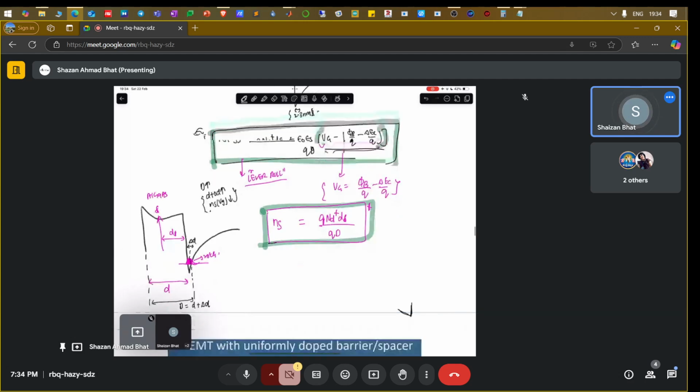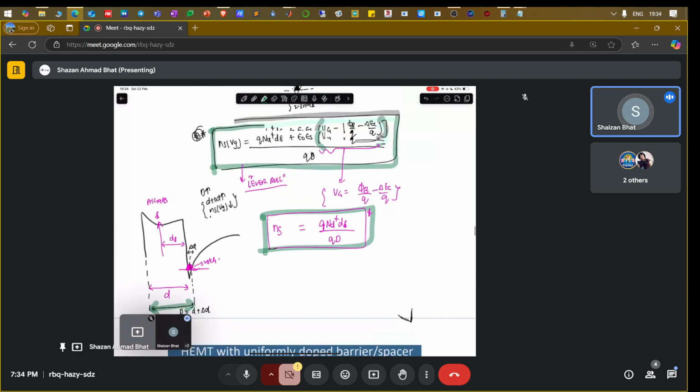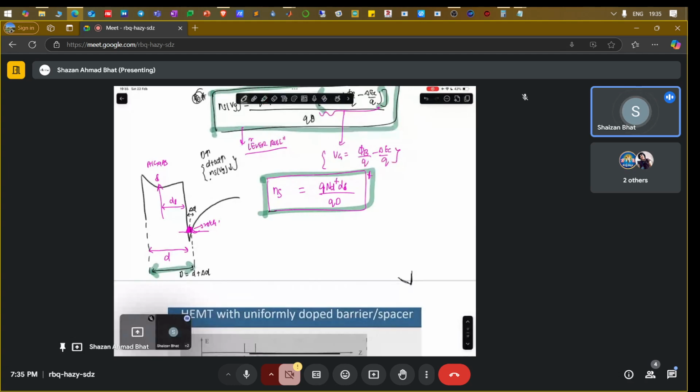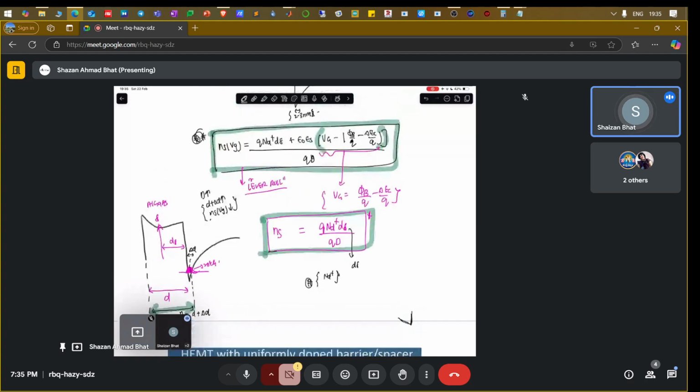That means if you increase this particular distance, and if you increase D delta and ND plus, they are going to have an impact on this sheet charge density accordingly, directly proportional, and inversely proportional with the distance of the sheet charge from the gate.